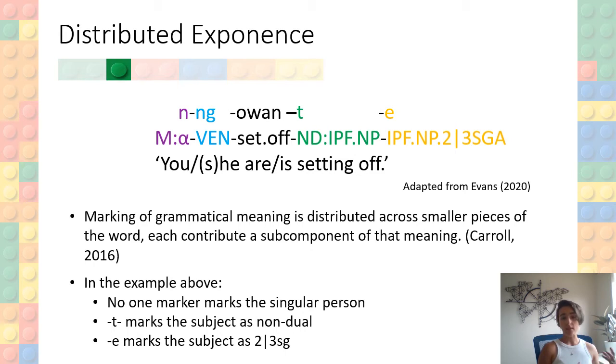We have the thematic t in green to mark the subject as non-dual, and the dissonant in orange air to further resolve it as a second or third singular person. This sometimes means that we actually have a non-monotonic parsing for our verbs, because we can actually have multiple meanings of certain prefixes that require the suffix to be resolved.